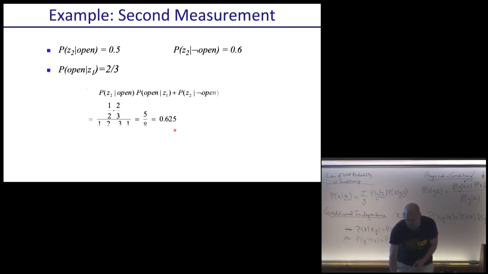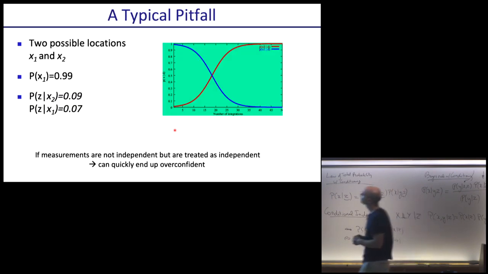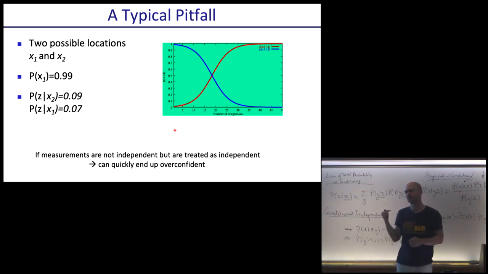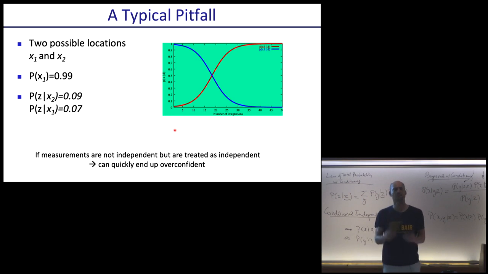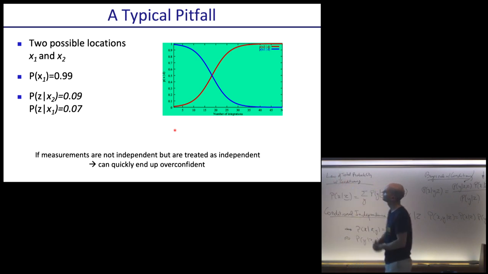Here is a graph showing, on the horizontal axis, the number of times the same measurement is incorporated, using the math that assumes these measurements are independent. And we see that very quickly you can flip the probability from 99% for one state in the world to the other state, x1 versus x2. So be very careful about that.